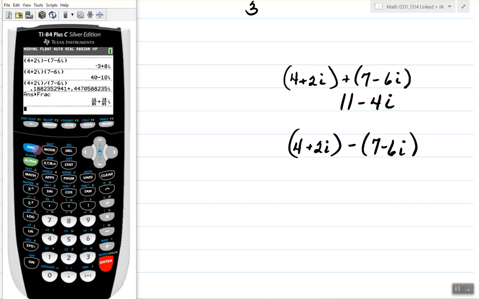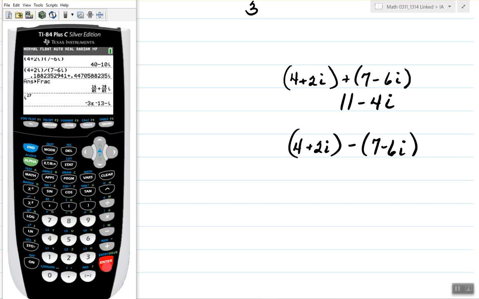Let's see if I did second i and I raised it to the 27th power. That should be negative i. Okay, that's a problem. So let's not use the calculator for the powers of i.